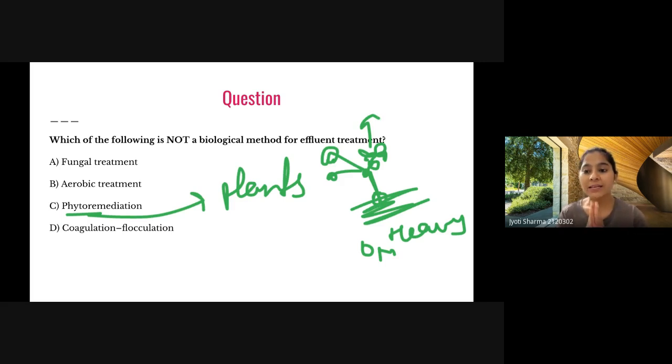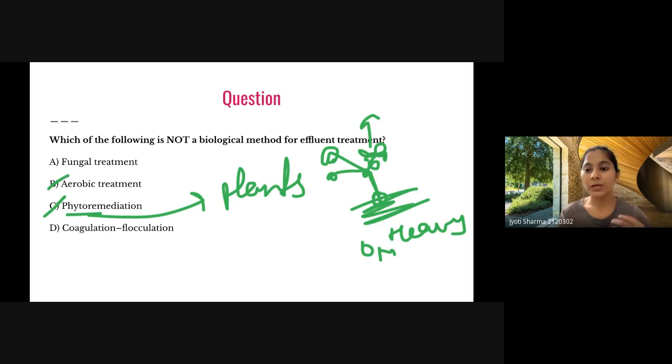So this is how plants can also remediate or remove contamination from soil and atmosphere. And these are living things. So this is part of the biological method, right? So that's how C is a biological method.